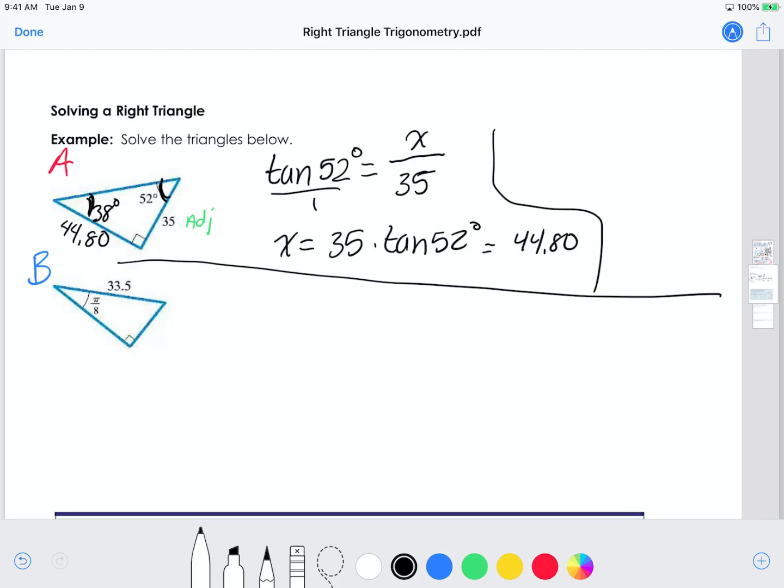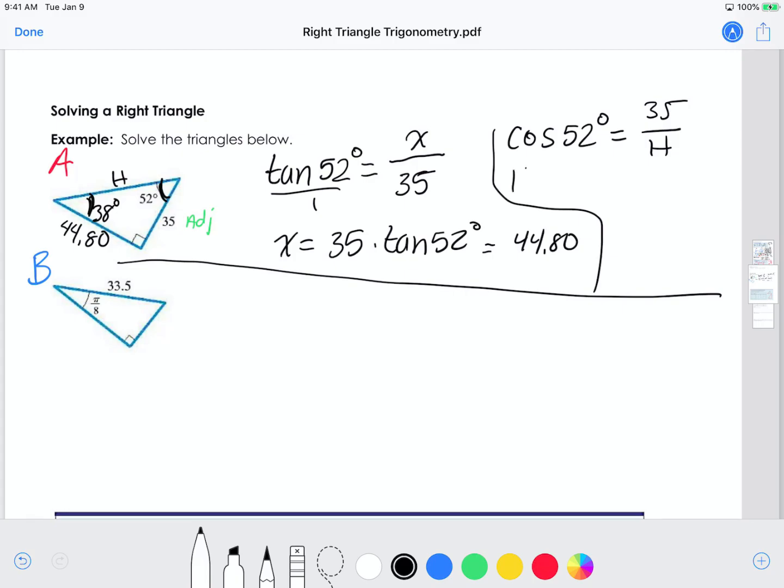If I look at the angle 52, I have the adjacent side, which is 35, and the hypotenuse is what I'm looking for. So I can use the cosine of 52 degrees, that's adjacent over hypotenuse. So that's 35 over, I'll call it h for hypotenuse. And we can solve for h using cross multiplication.